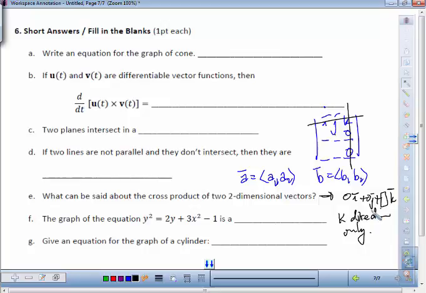I don't know if I would necessarily accept the area idea, but that's true. The magnitude of the cross product will give us the area, but it didn't ask for the magnitude. I was asking for the cross product itself. And this is fairly significant because the cross product is defined for three-dimensional vectors.